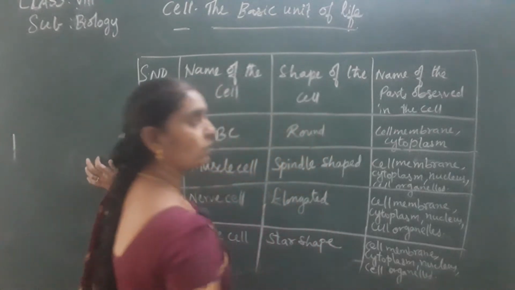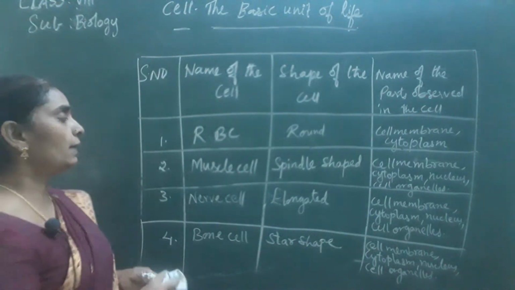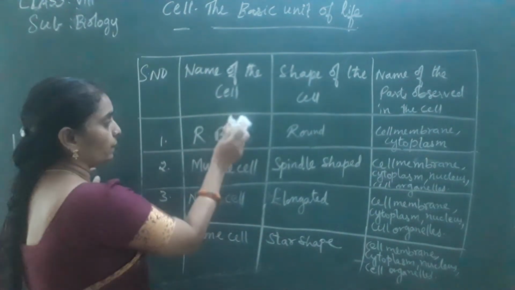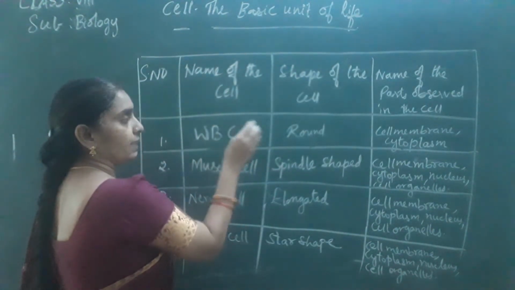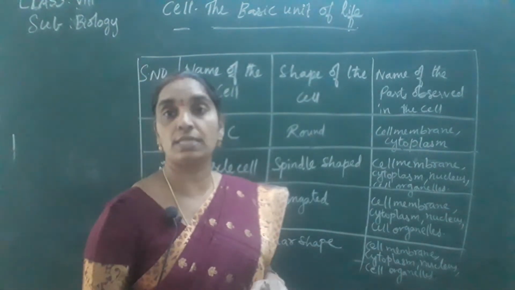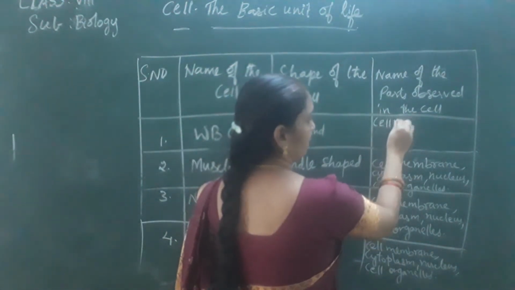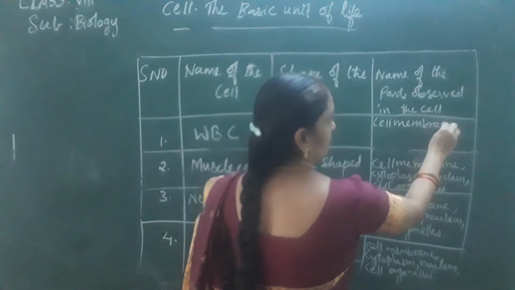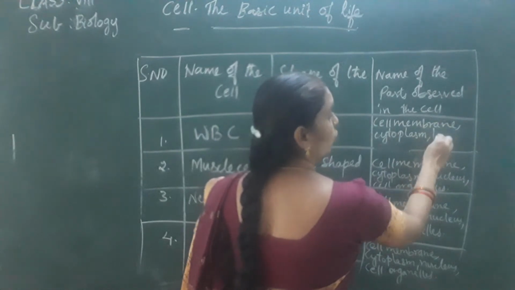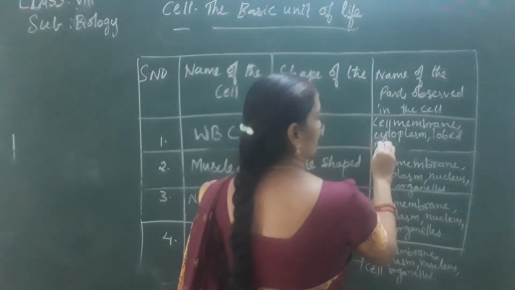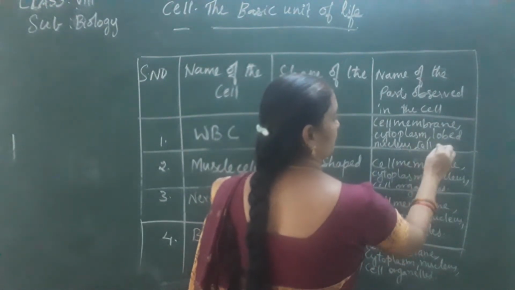So now coming to the WBC. What does the WBC contain? The RBC and WBC are quite opposite. The RBCs are devoid of a nucleus, whereas WBCs are round. They contain a nucleus which is lobed and constricted. It contains cytoplasm, cell membrane, a lobed constricted nucleus, and cell organelles.